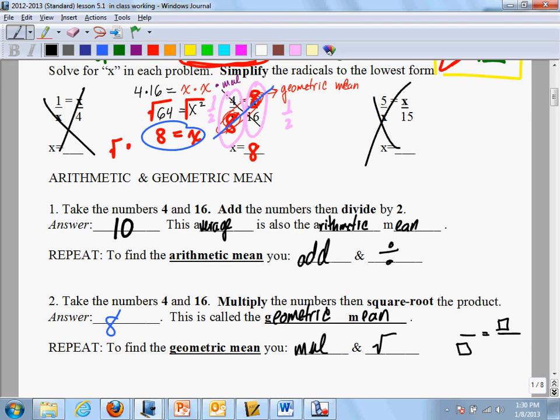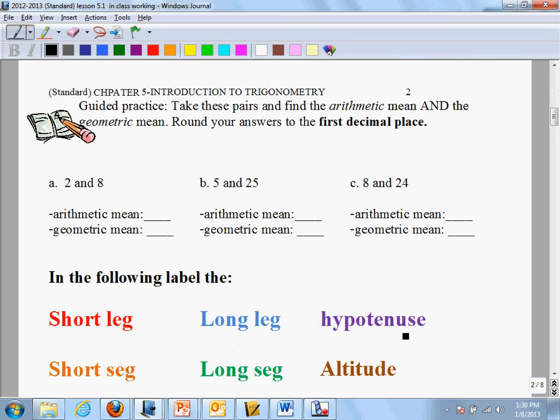Out loud. John, do you get it? You guys got it through already? All right, students, next page.